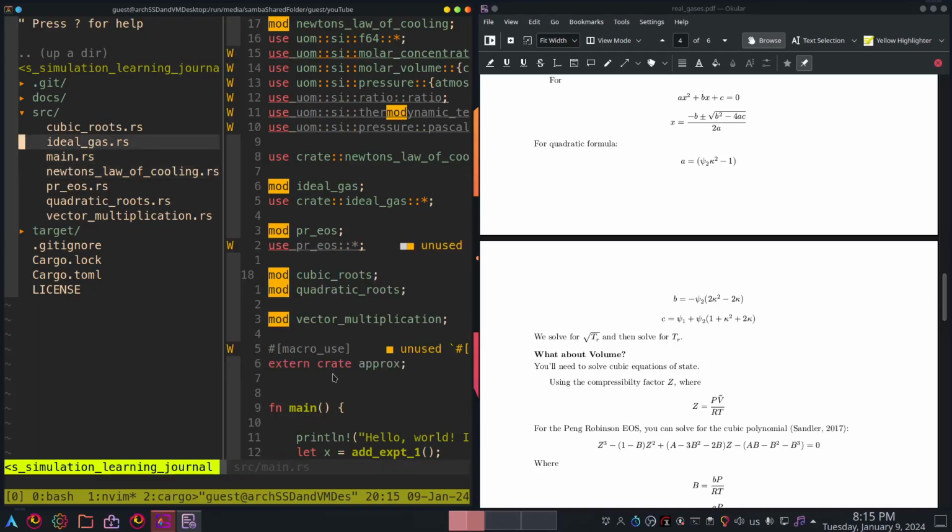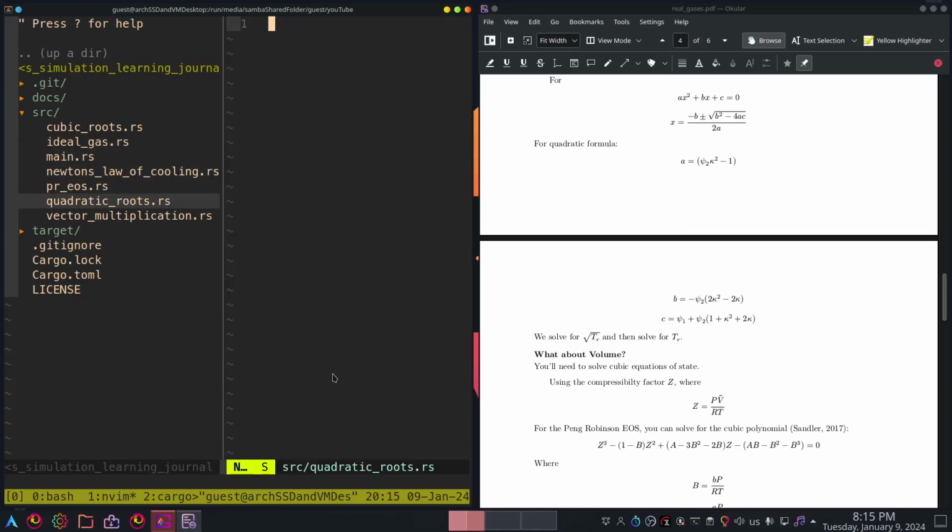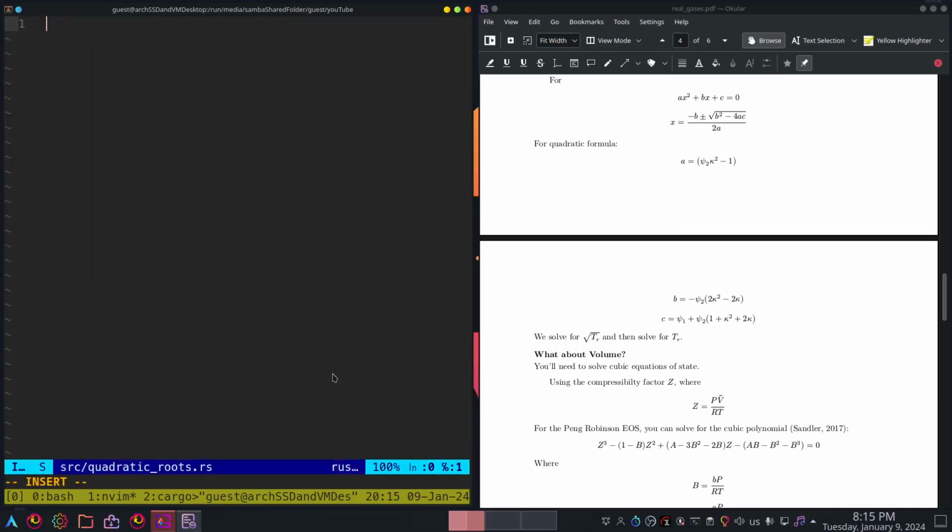It's quite simple for quadratic roots. Pub function find real roots. This is definitely going to take in three things.